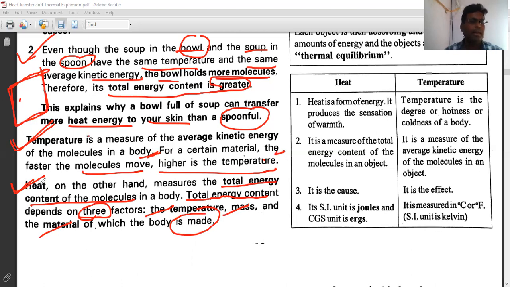So heat depends on three factors, but temperature depends on only one factor, that is average kinetic energy. Right? So heat depends on three factors: temperature, mass, and material of the body. Right up to this point, then I will explain the difference between heat and temperature.